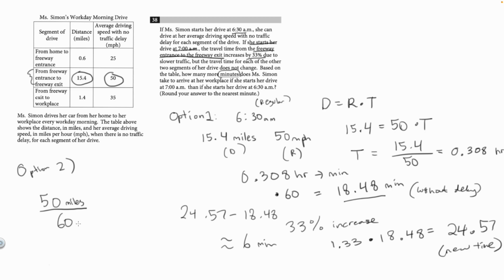So we can put 60 minutes, and that's 50 miles per hour. Then we can set that equal to 15.4 miles from over here, the distance, and we have to make the ratio the same. So in the denominator we have the minutes, but we don't know how many minutes it took, so it's x minutes.